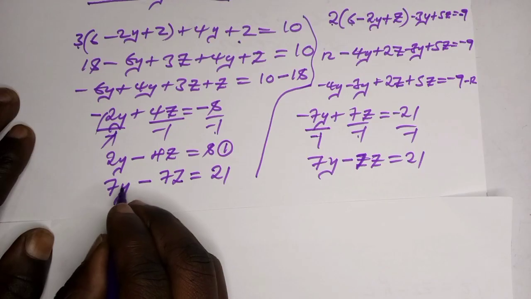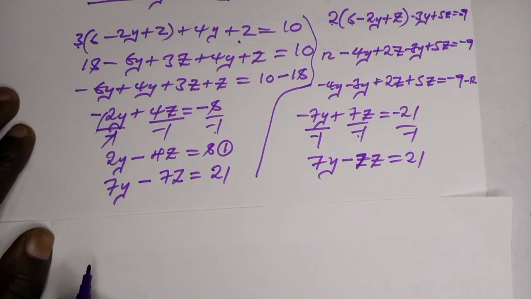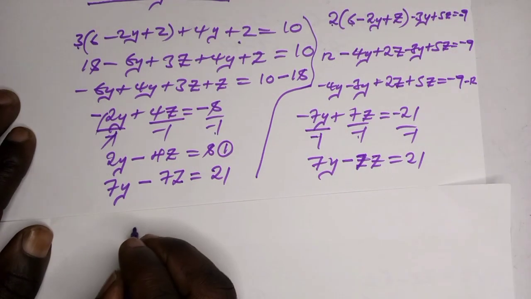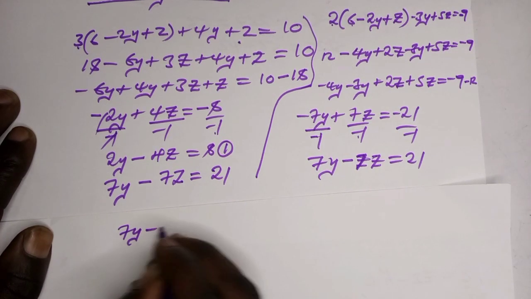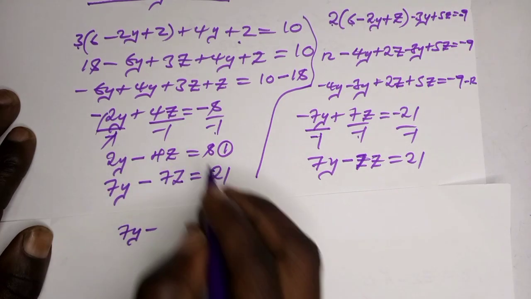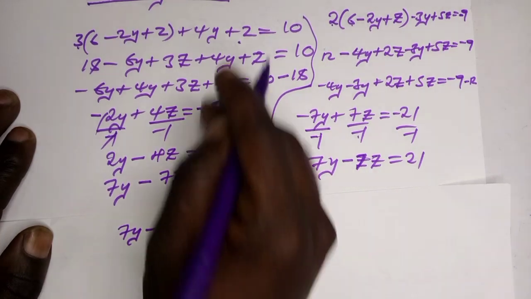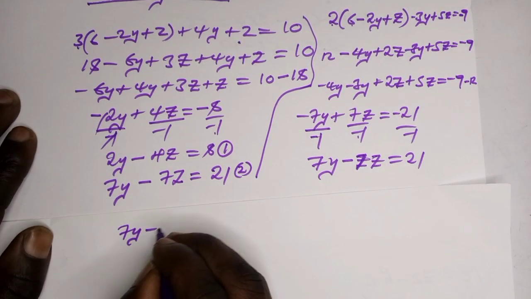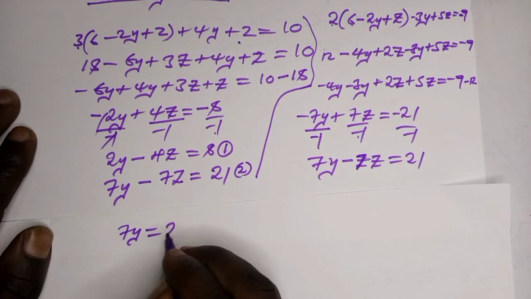Let's make y the subject of the formula. It will be 7y minus 7z equals 21. These are the equations which we extracted from the equations here.